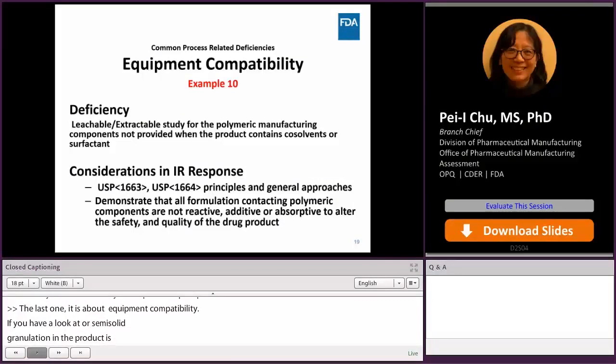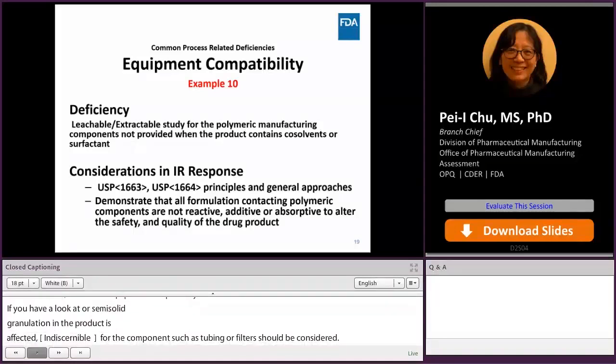You can consider using USP 1663 and USP 1664 principles and general approaches to demonstrate that all formulation-contacting polymeric components are not reactive, additive, or absorptive to alter the safety and quality of the drug product.